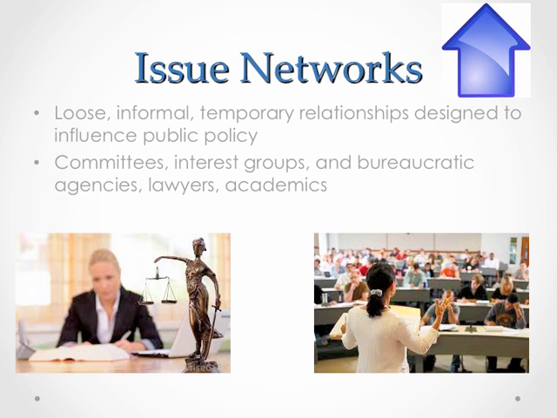So the main idea here is that when there is a specific topic that needs to be discussed, that's when an issue network would form. When they have figured out their purpose and achieved it, they move on, and that issue network then dissolves, disappears. It is not a long-lasting relationship like the iron triangle is. Issue networks are increasing in influence.